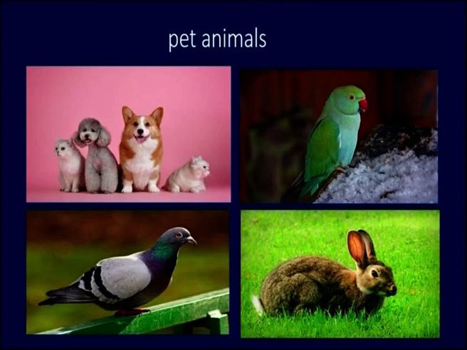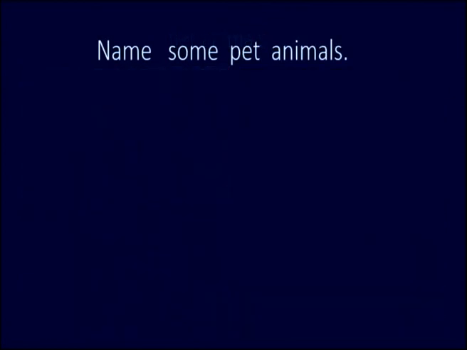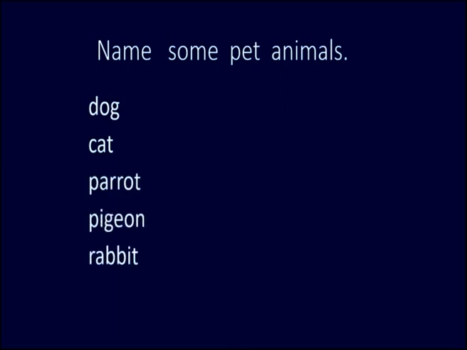See the picture. Name some pet animals. Dog, cat, parrot, pigeon, rabbit. These are all pet animals. Children, do you have a pet? Yes, if you have a pet, you have to give them food, water and take care of them.